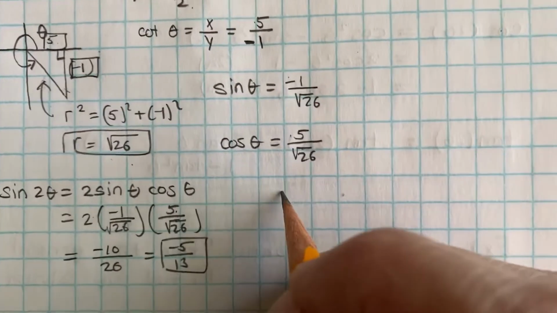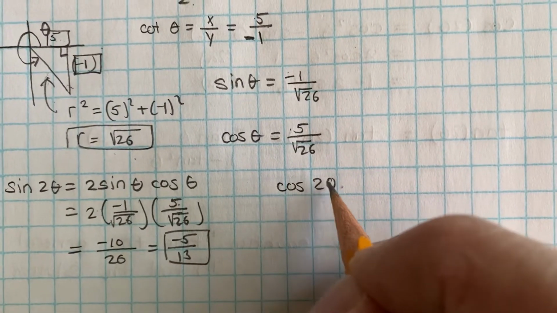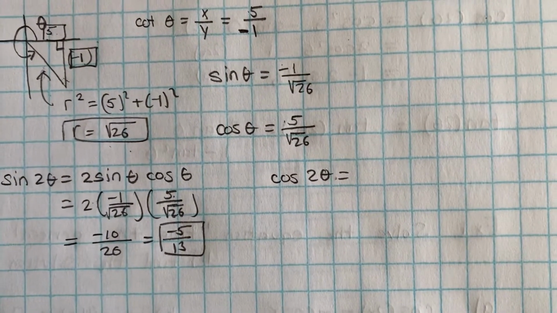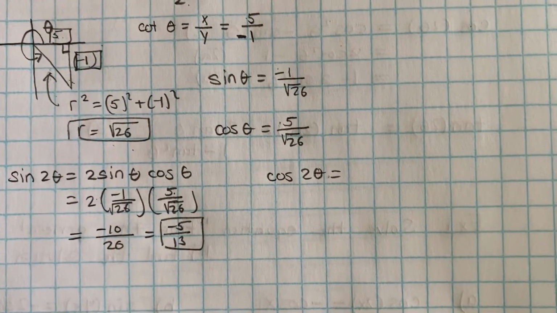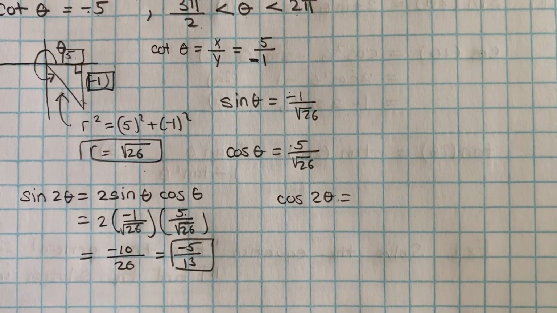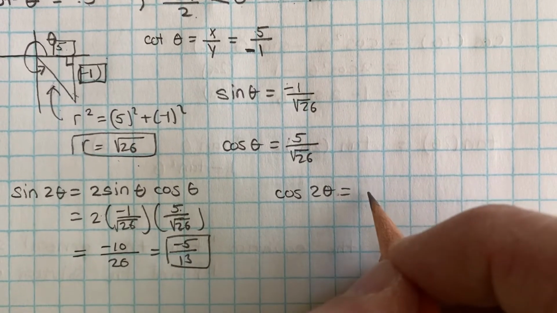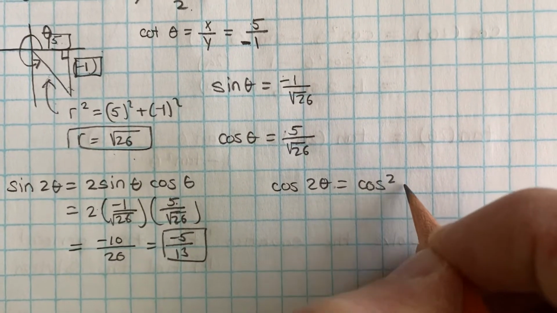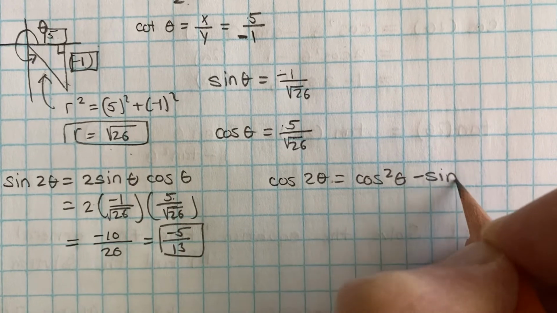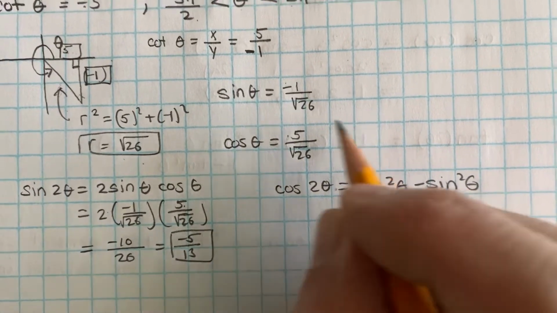Maybe here, I'll do it here on the side. Now, for your cosine double angle formula, you kind of have a choice which formula you want to use. It doesn't really matter which one you want to use. I'm just going to use the first one: cosine squared of theta minus sine squared of theta. And you already have these values.